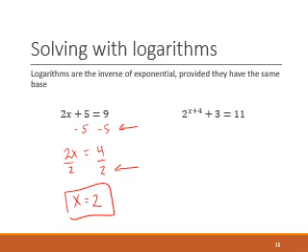Well, you still have to respect the order of operations. So the first thing I would do is get rid of the 3. And now when you get to this point, instead of thinking of this as finding a common base, try thinking of it this way. You're trying to solve for this variable.